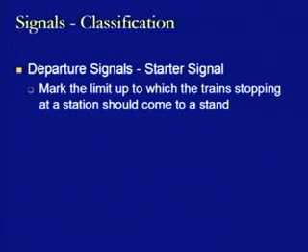So, this is one of the signals which limits the length up to which the train will be stopping at the station, and the length of the platform itself. We can also understand this in the direction of departure: this is the signal provided on the track adjacent to the platform, at the very start where the locomotive is standing.